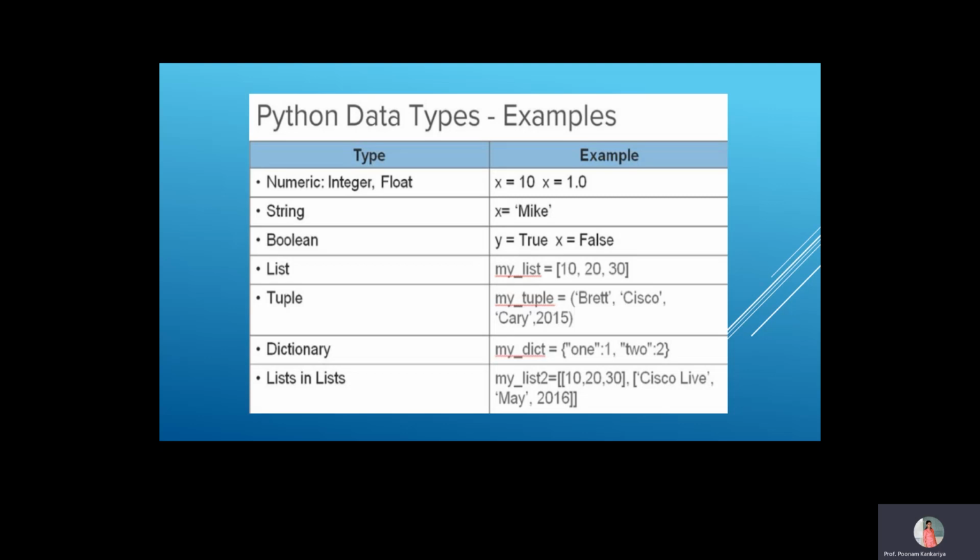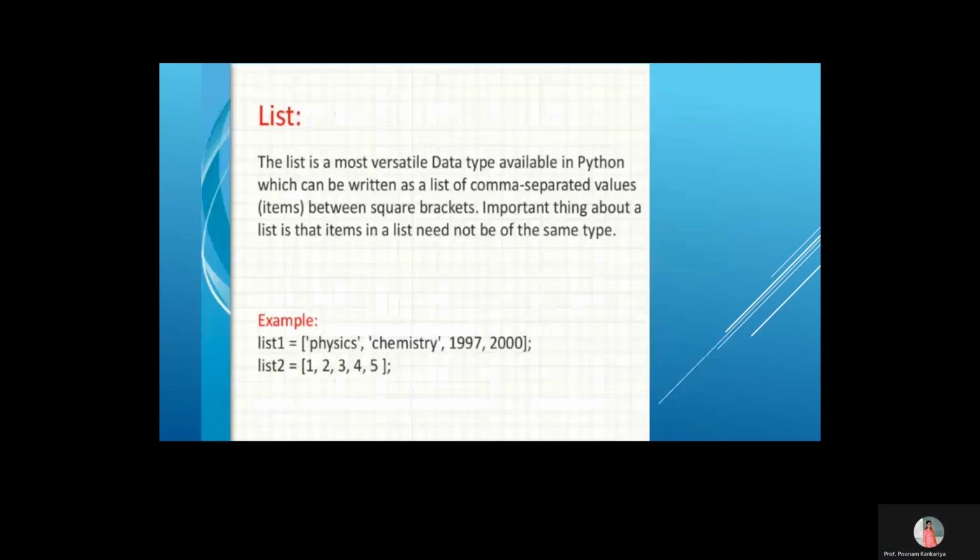Next is the concept of a list. List is the most versatile data type in Python, which can be written as a list of comma separated values or items between square brackets. An important thing about the list is that items in the list need not be of the same type. Here we give examples of a list.